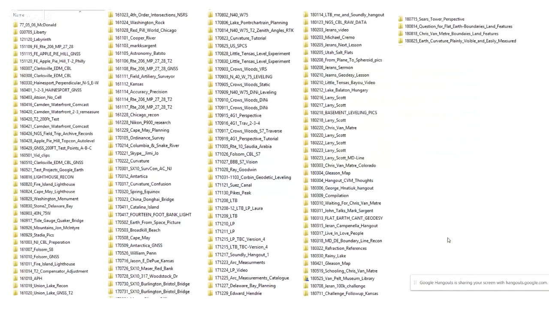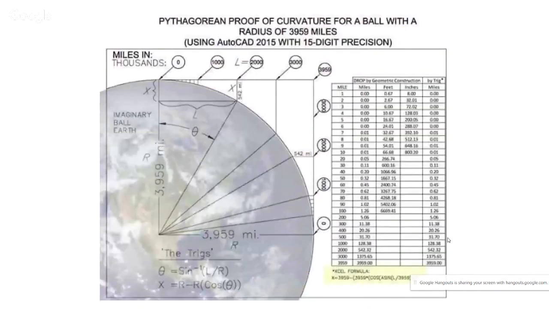So this is just my folder filled with the different tests and things that I've done, the different measurements I've done. The first one I did was in 2015 in November. It was the 1 mile test, and I wanted to measure that theta angle.